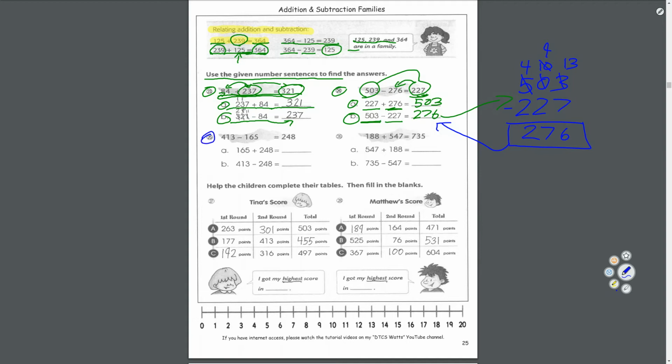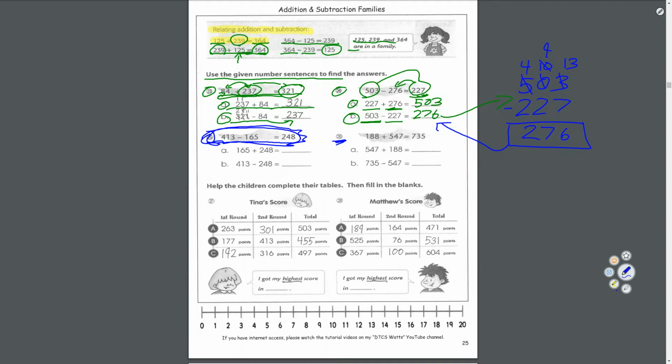I'm going to do 25, and then you'll do 26 by yourself. But you can see it's not that hard. It's actually really easy because they've given us the first answer. So 25. 413 take away 165 equals 248.